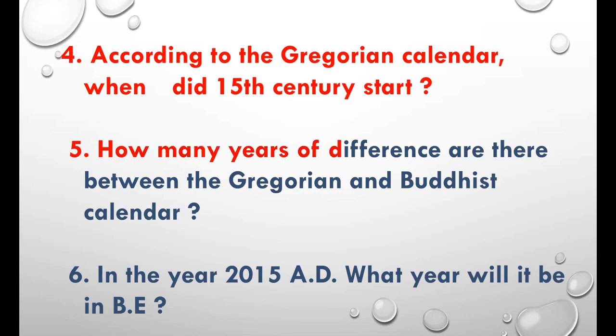How many years of difference are there between the Gregorian and Buddhist calendars? Last question, number 6. In the year 2015 AD, what year will it be in BE?